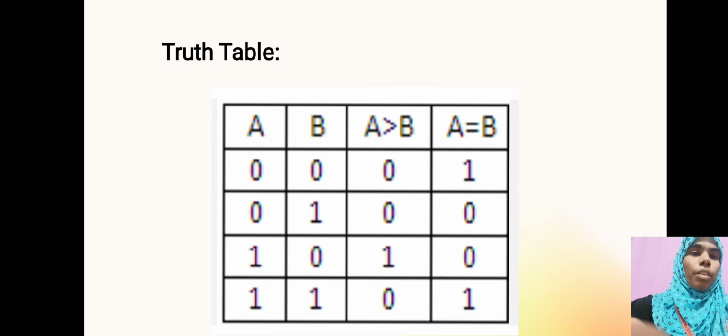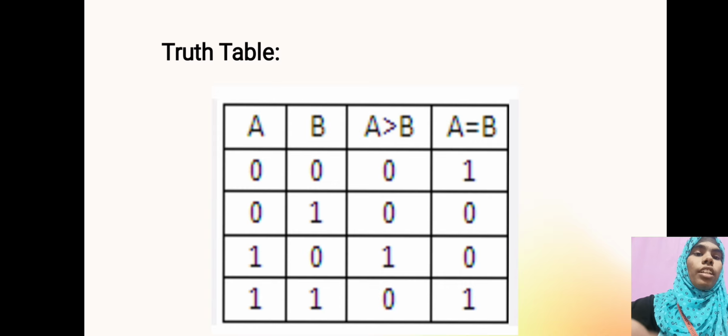A truth table of a comparator. If A, B are inputs, then A greater than B, A less than B and A equals B are the outputs. When we give A, B as inputs as seen in the slide, 00 and 11, then A and B are equal, so the output enables 1 for A equals B. If A is 0, B is 1, then B is greater than A, so there is no output for the others.